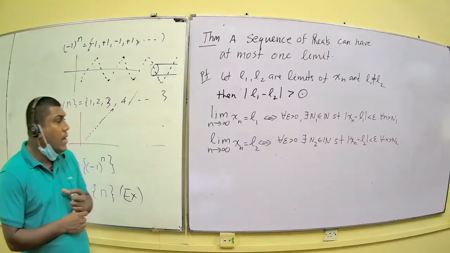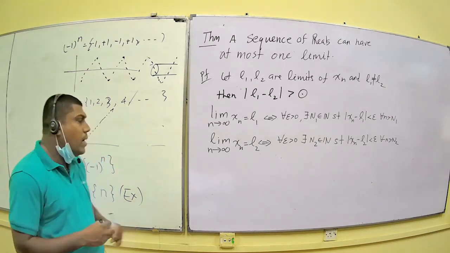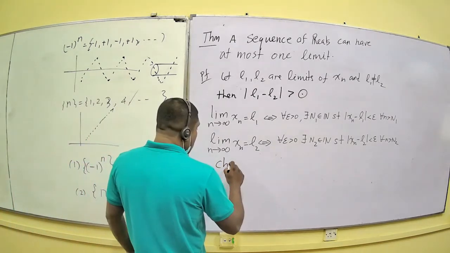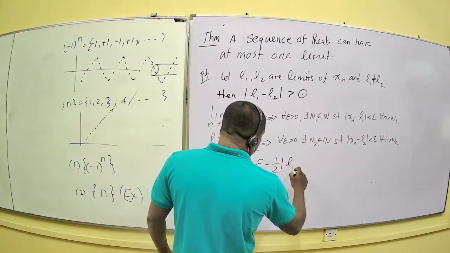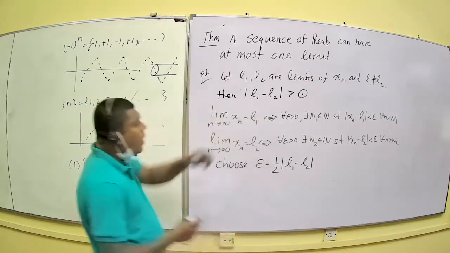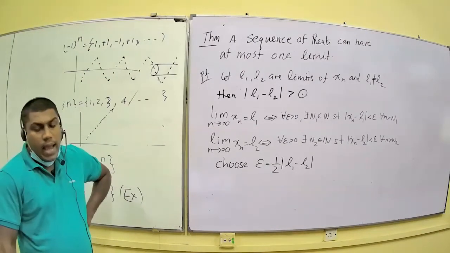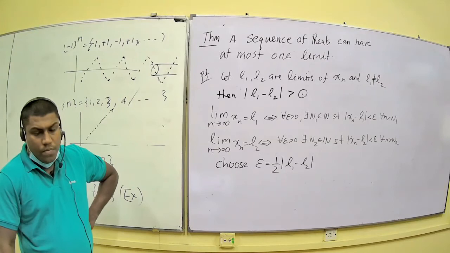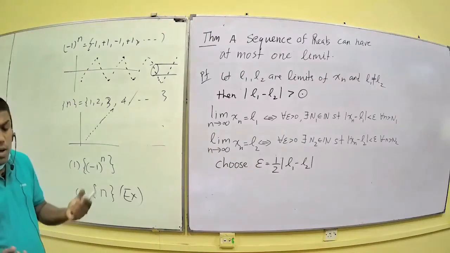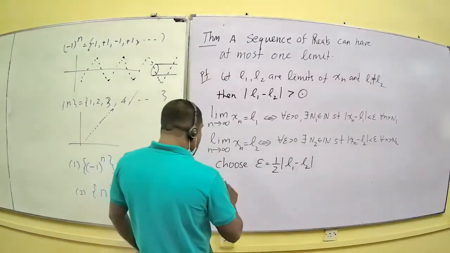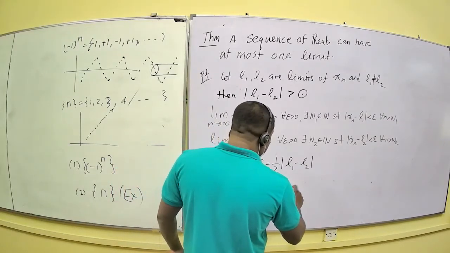Now you have n1 and n2, so you have to combine both of them and fix an epsilon. Because you already know the absolute value of L1 minus L2 is positive, you can choose epsilon as half of |L1 − L2|. Then you have two n's, n1 and n2, and you have to combine them. It's easy to choose the maximum among them.